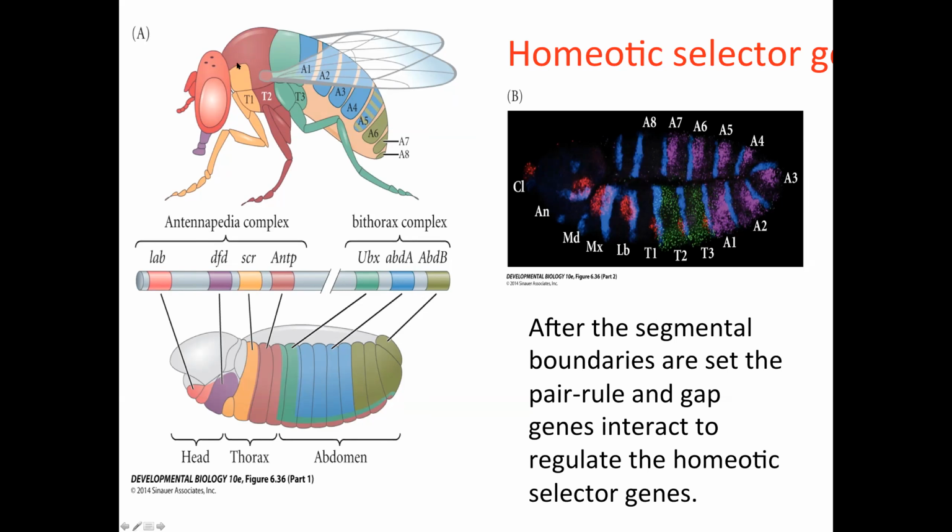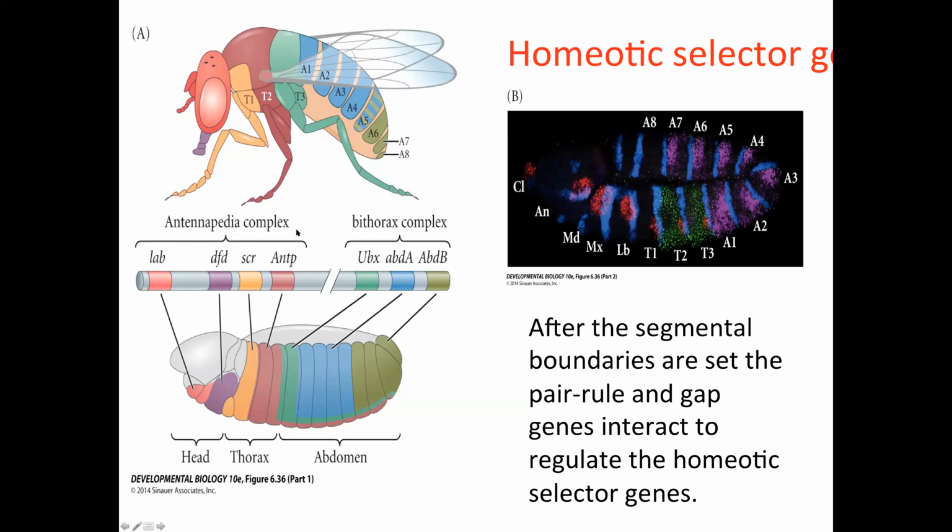The homeotic genes are essential. They are the most fascinating ones that have caught attention because they can actually cause transformation. Their expression is going to be determining what the segments are going to be.